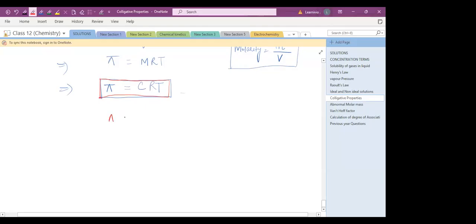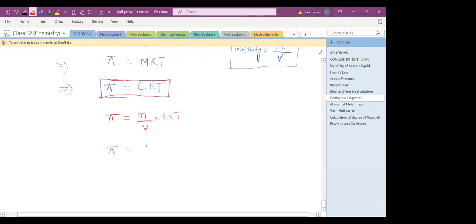Next, pi is also equal to N upon V, molarity, which is number of moles upon volume, into R into T. Now, what is number of moles?